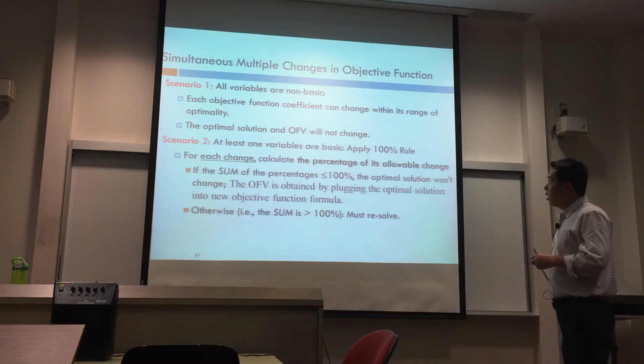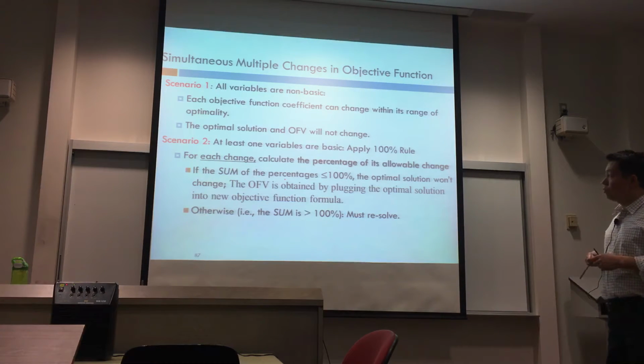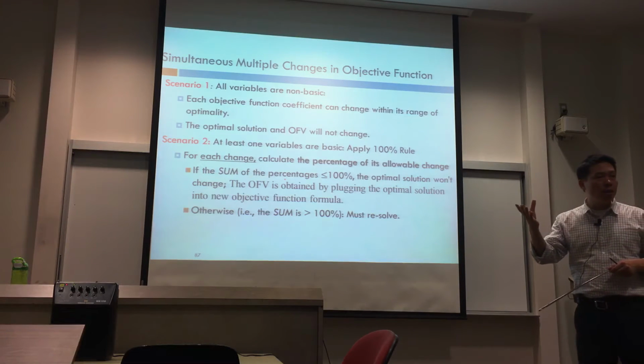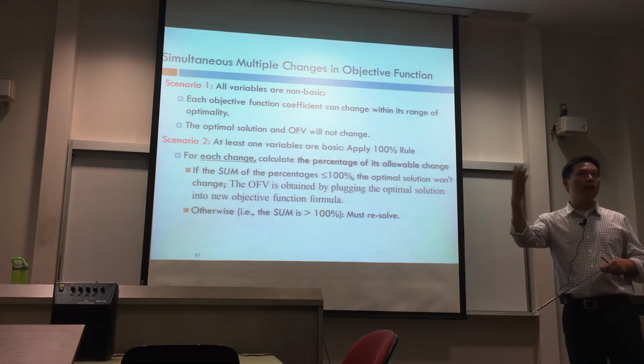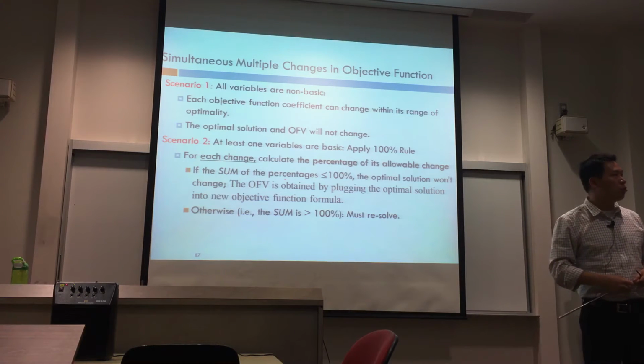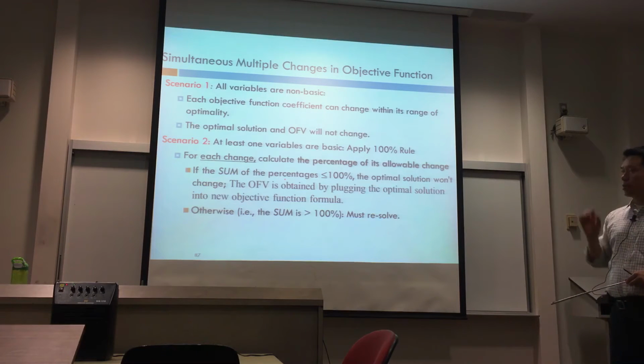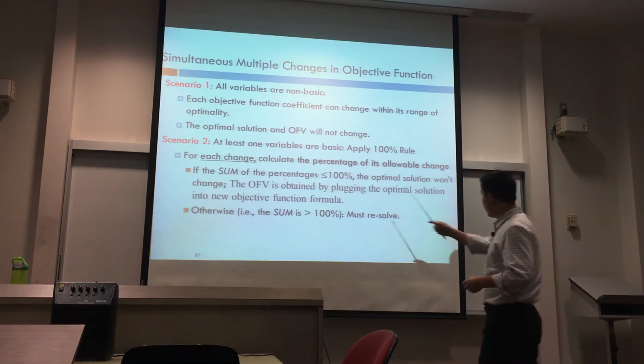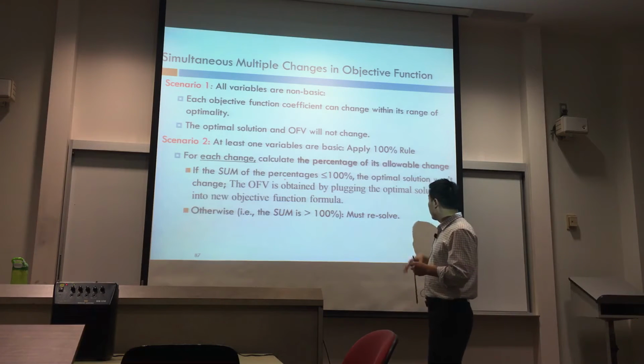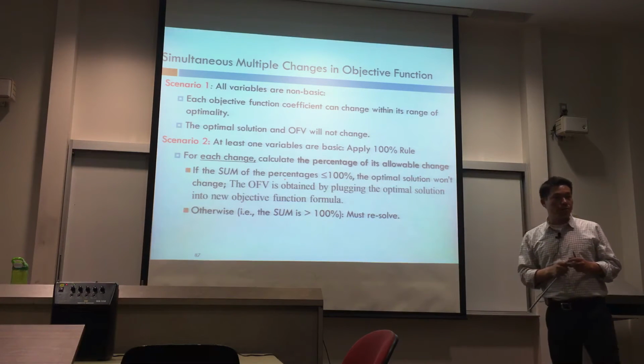So how do we apply the 100% rule? For each change, you calculate the percentage of its allowable change. There's a limit, and you check what the relative change is in terms of that limit. And then you look at the sum of all the percentages. If that sum is 100% or less, then the optimal solution will not change.